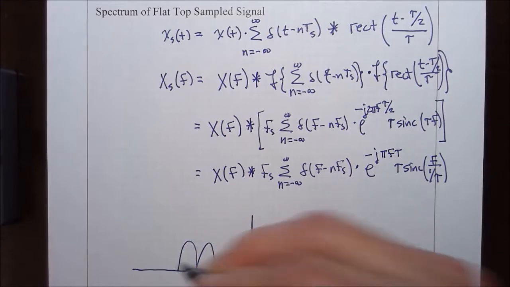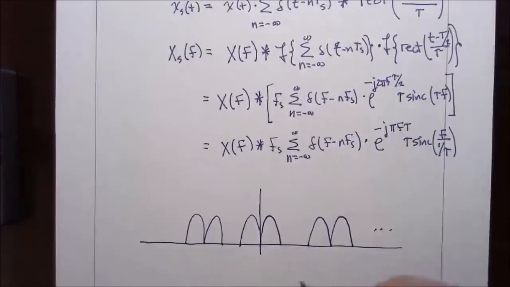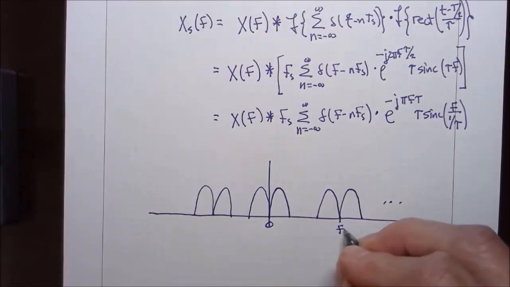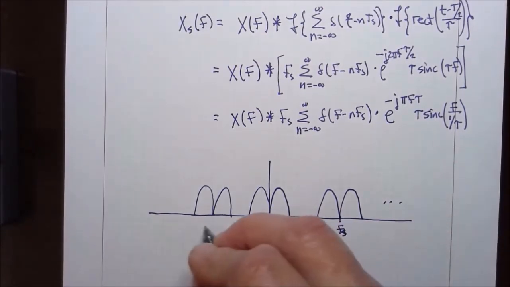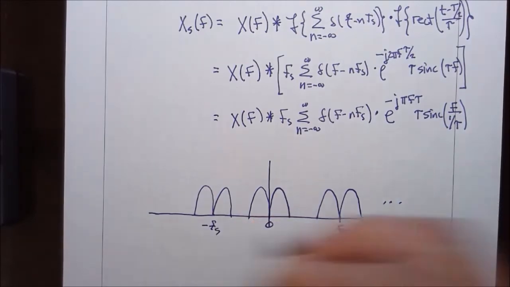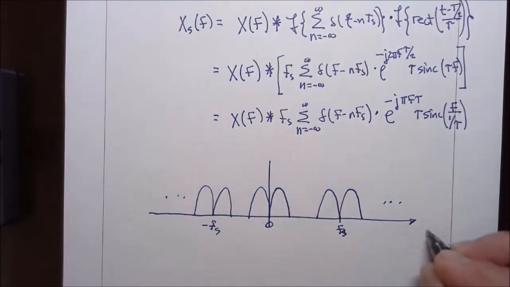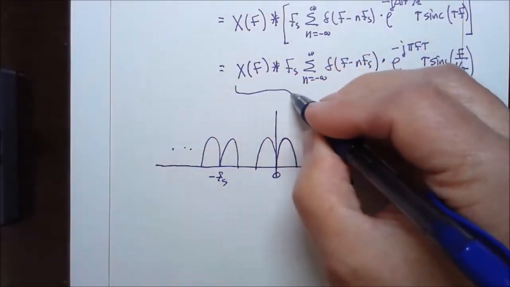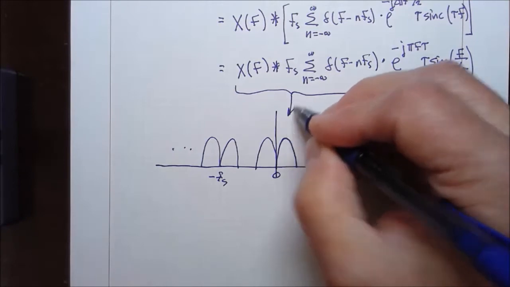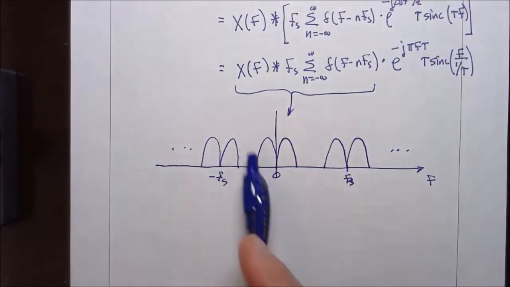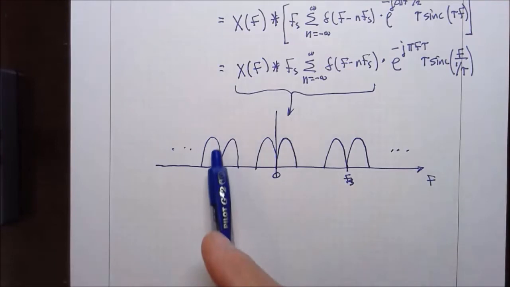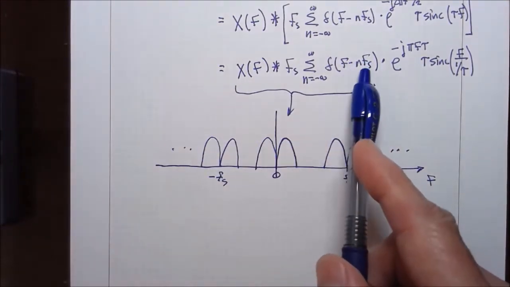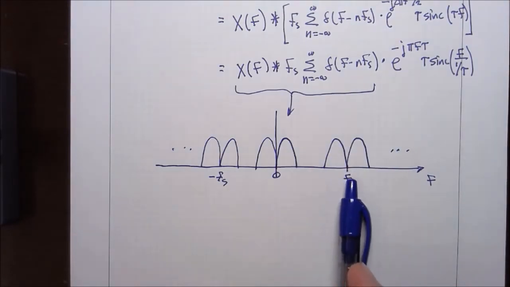We get exact replicas of the message signal. This is at f equals 0, this is at fs, and this is at minus fs, and this is periodic. This convolution gives us replicas of the spectrum of the original message signal replicated at multiples of the sampling frequency.